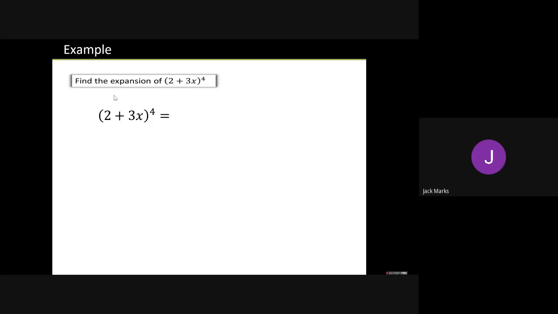So let's do an example. Now, I've got 2 plus 3x to the power of 4. We don't want to be here all day expanding this out, writing it as loads and loads of brackets. We'll be there a very long time. We've got these numbers. Think about where these numbers came from.